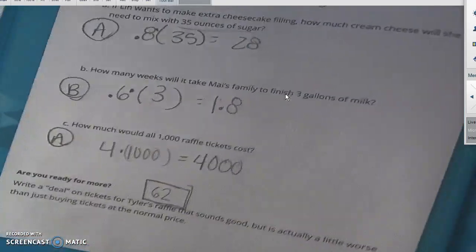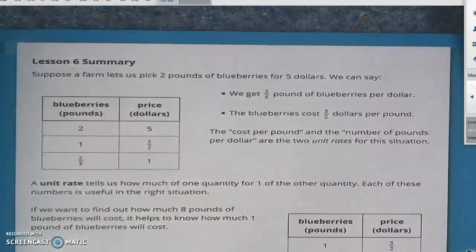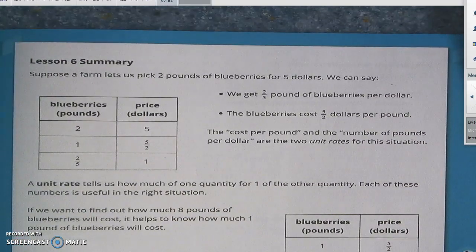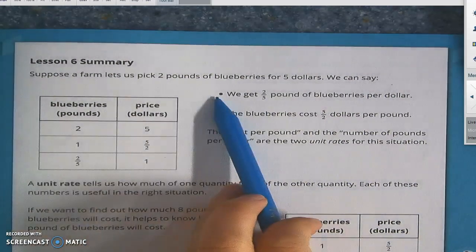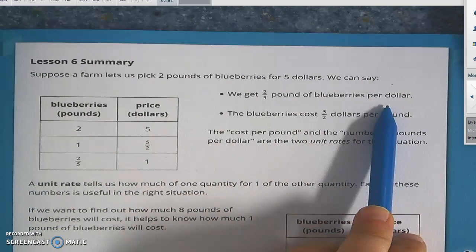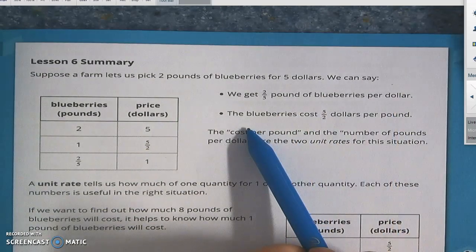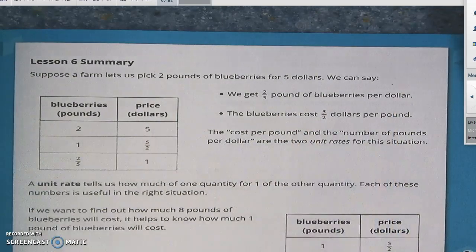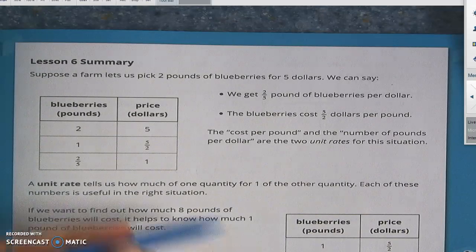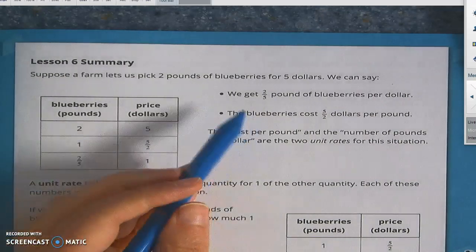And the last thing we're going to do is the lesson 6 summary. So this is page 35. Suppose a farm lets you pick 2 pounds of blueberries for $5. We can say we can get 2/5 of a pound of blueberries per dollar, and the blueberries cost $5/2 per pound. So they just gave us both of those unit rates.